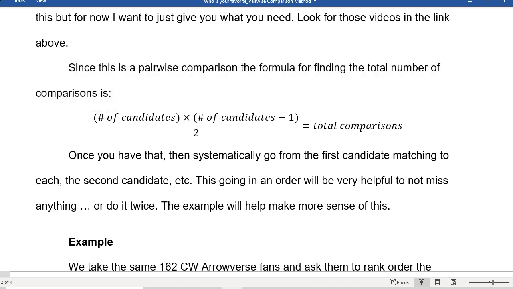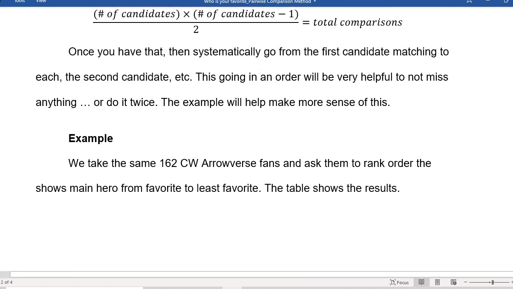You have the number of candidates times the number of candidates minus 1, all divided by 2. Okay? So once you have that, then you systematically go from the first candidate matching to each, and then the second candidate, etc. Alright? Going in an order will be very helpful to not miss anything or do it twice.